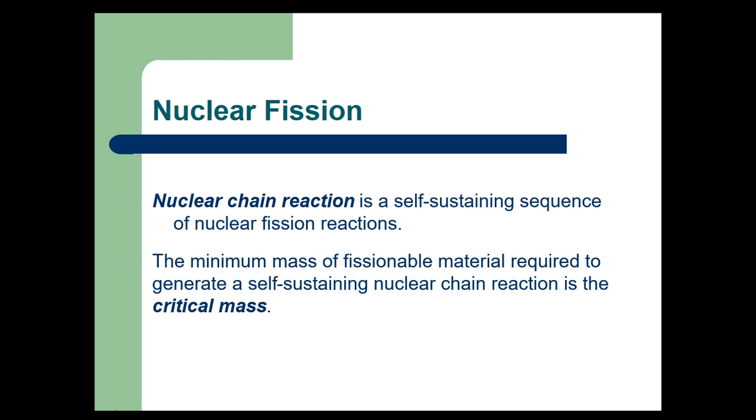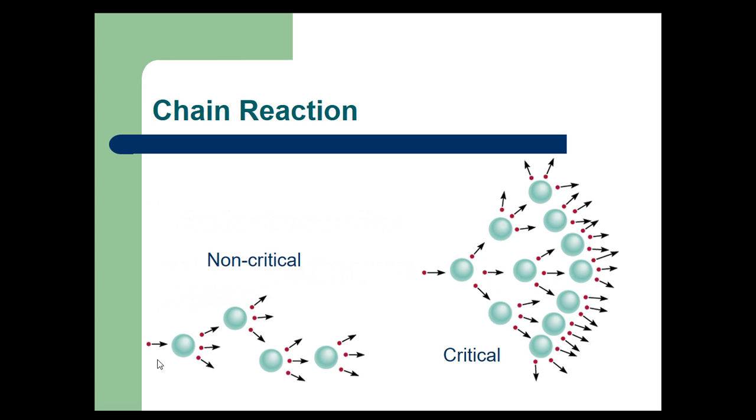So a nuclear chain reaction is self-sustaining. The minimum amount of mass that we need to create these conditions is called the critical mass. So if we don't have a critical mass, the reaction will just kind of fizzle out and it won't be self-sustaining. So here we have a non-critical mass.